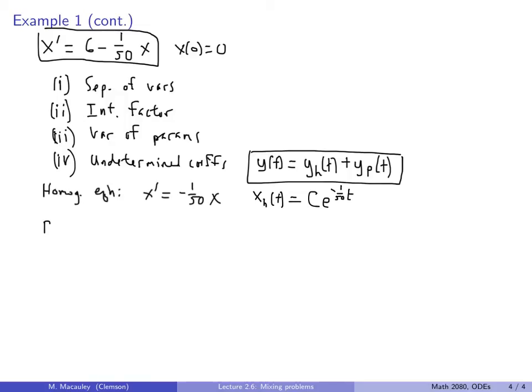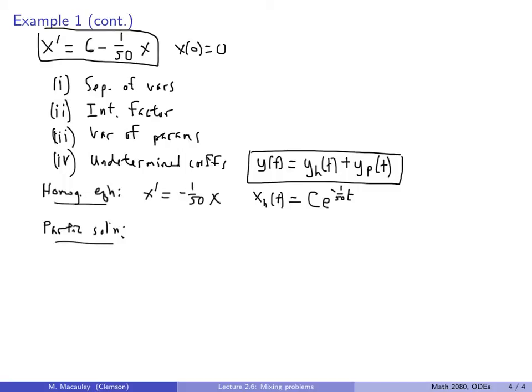Okay, so let's find a particular solution. The first thing to do is to look for a constant solution. If there's a constant solution, that means its derivative is 0, so let's set this equal to 0 and then solve for x. And you should be able to see that that's something that we can do.